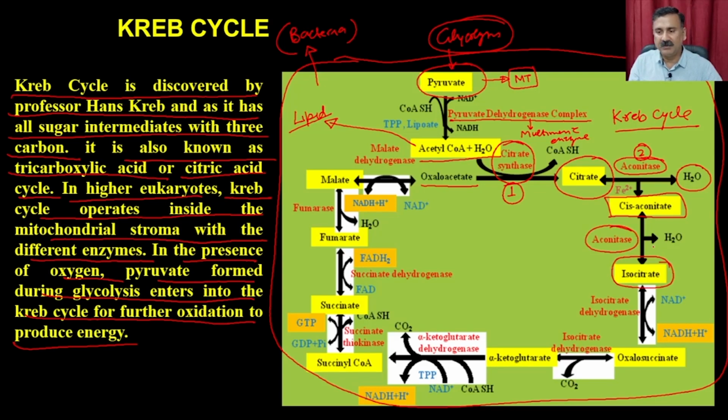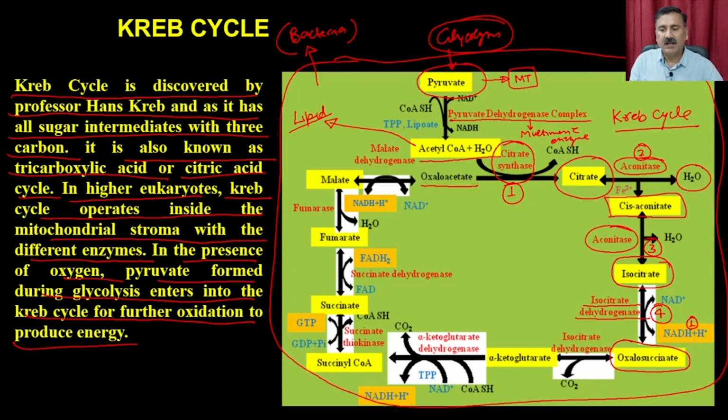So this is the third reaction, and then the isocitrate is going to get converted into the oxaloacetate, and this step is catalyzed by an enzyme called isocitrate dehydrogenase, and this is reaction number 4. And in this event the first molecule of NADH is going to be produced.